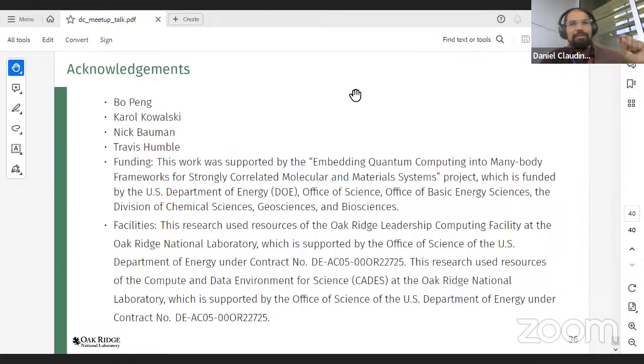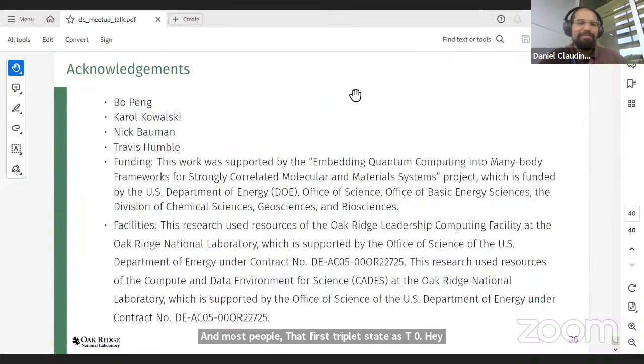Some people don't like to label that first triplet state as T0, they label it T1. I guess this is where the confusion comes from. Conventionally, if you read singlet fission literature, most of the time it's not T0, it's T1.